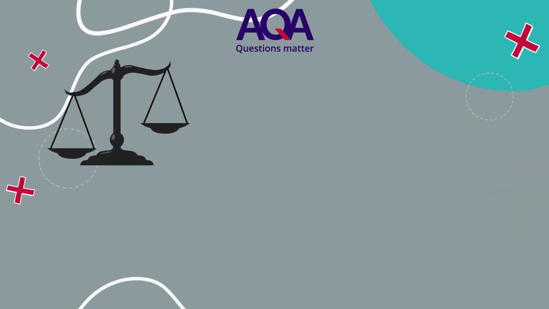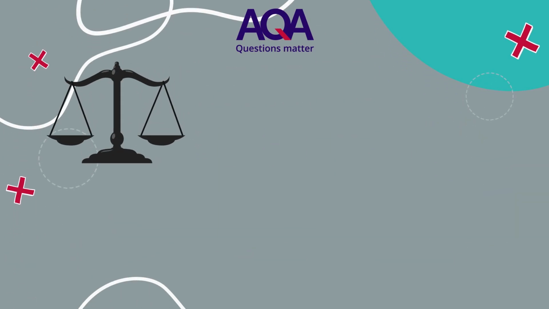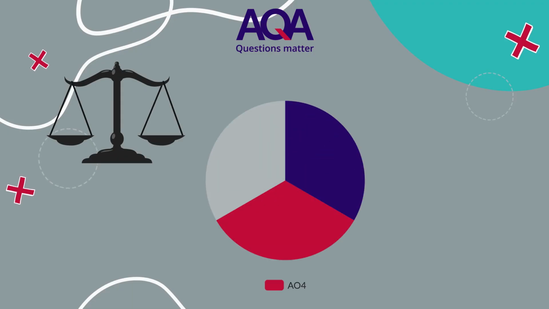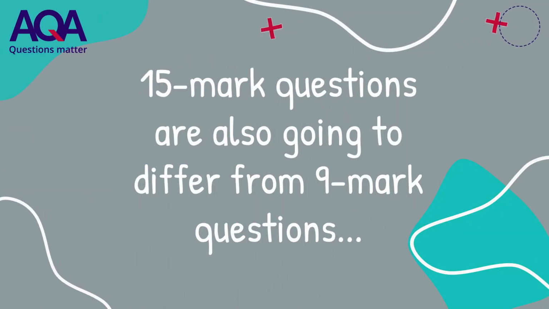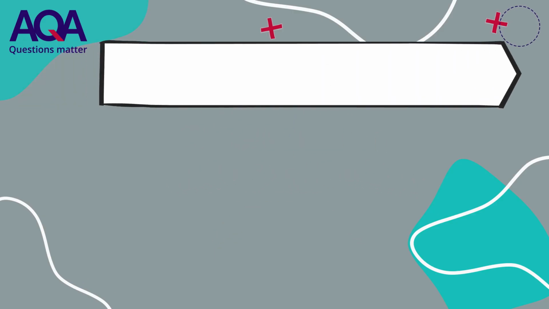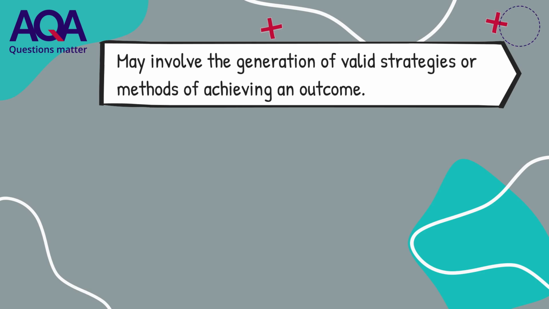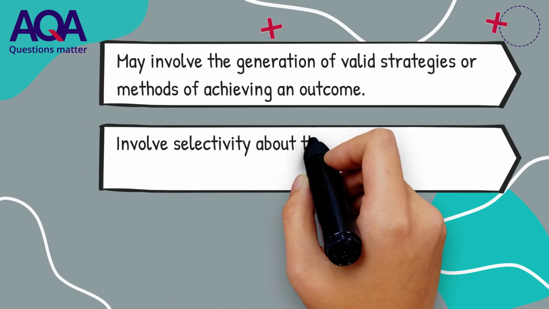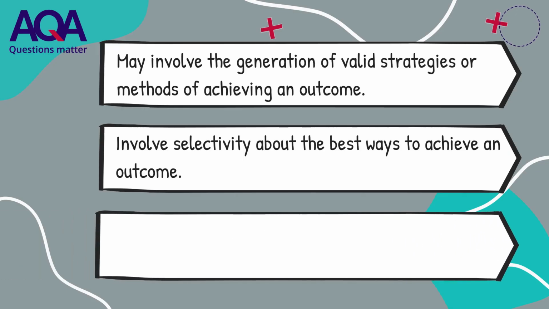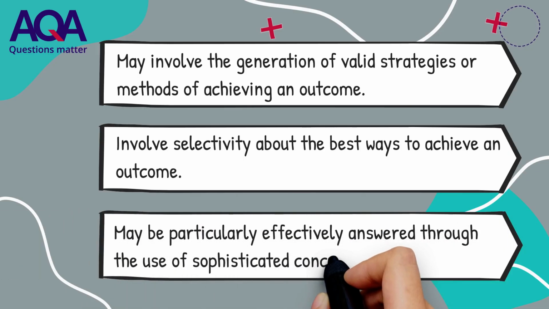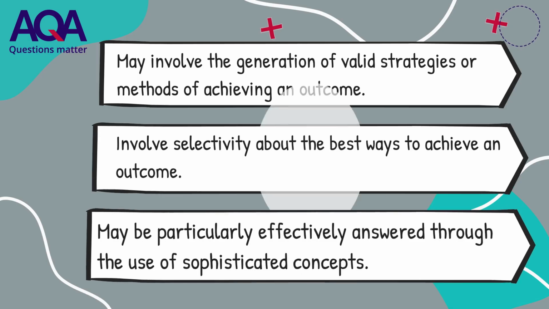The need for a clear judgment separates this question type from 6-mark questions and reflects that a third of the marks are for AO4 evaluation. 15-mark questions are also going to differ from 9-mark questions in that they may involve the generation of valid strategies or methods of achieving an outcome, involve selectivity about the best ways to achieve an outcome, as opposed to generally being given the start and end points, and may be particularly effectively answered through the use of sophisticated concepts.